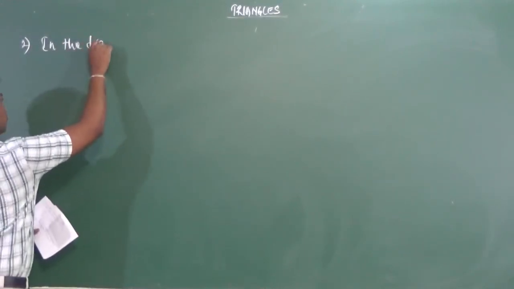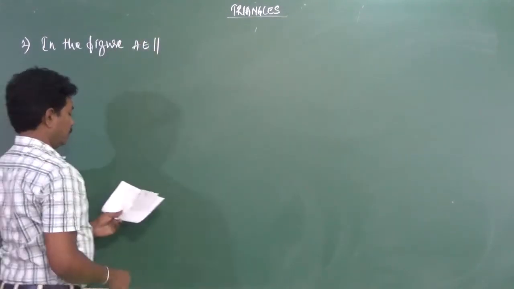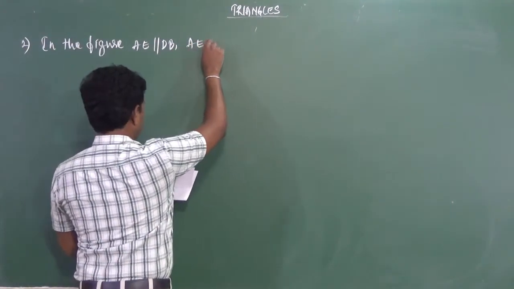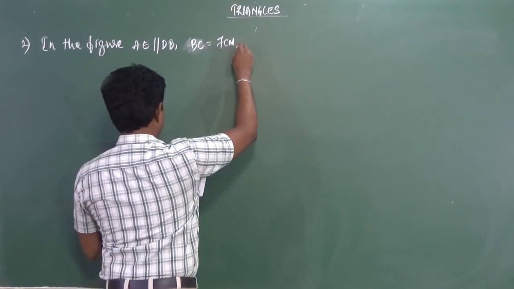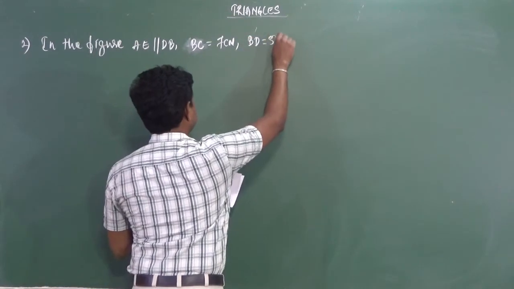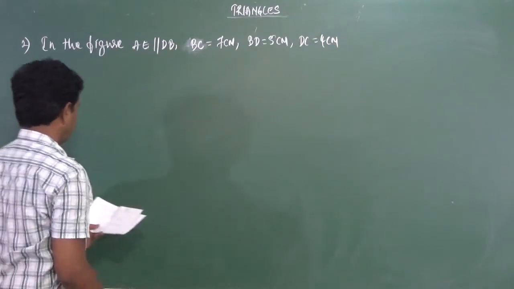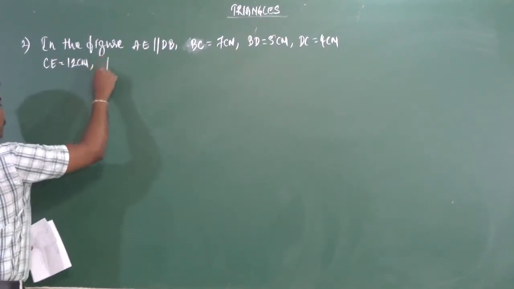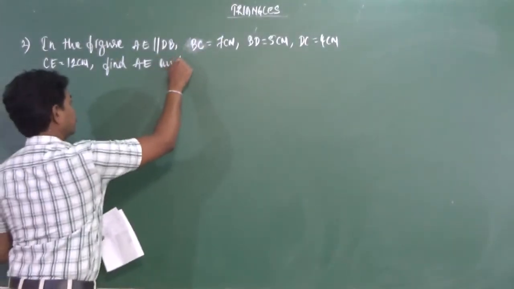Go with the second problem. So in the figure, AE is parallel to DB, BC is equal to 7 centimeters, BD is equal to 5 centimeters, DC is equal to 4 centimeters, CE is equal to 12 centimeters.